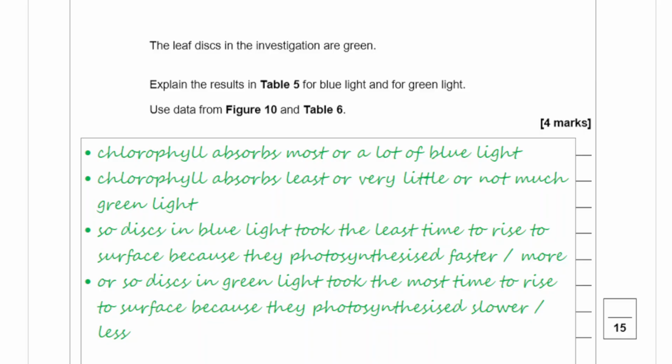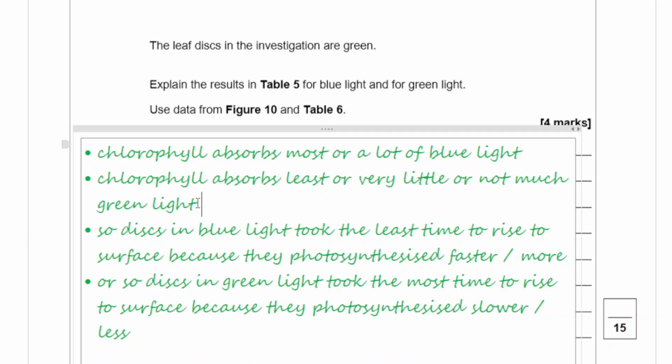Discs in green light took the most time to rise to the surface because they photosynthesized slower. So you have to use data from figure 10 and table 6. Example, approximately 80% of blue light was absorbed. So you'll have to refer to the data as well here.